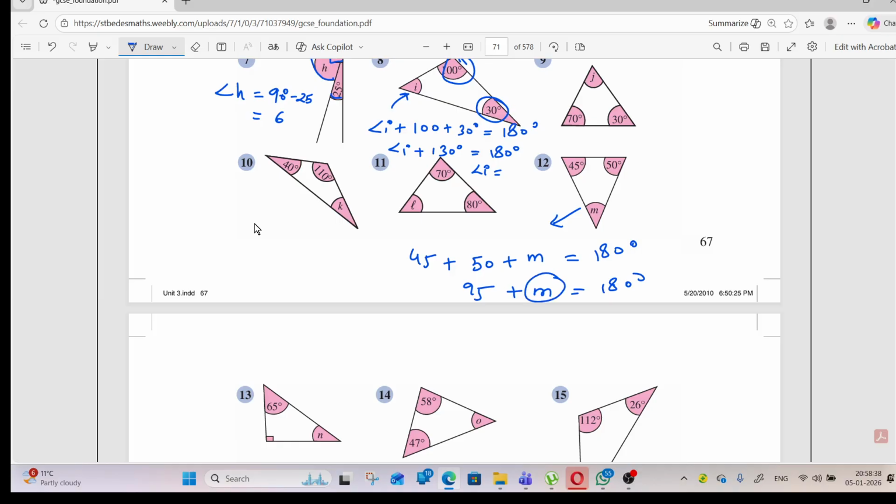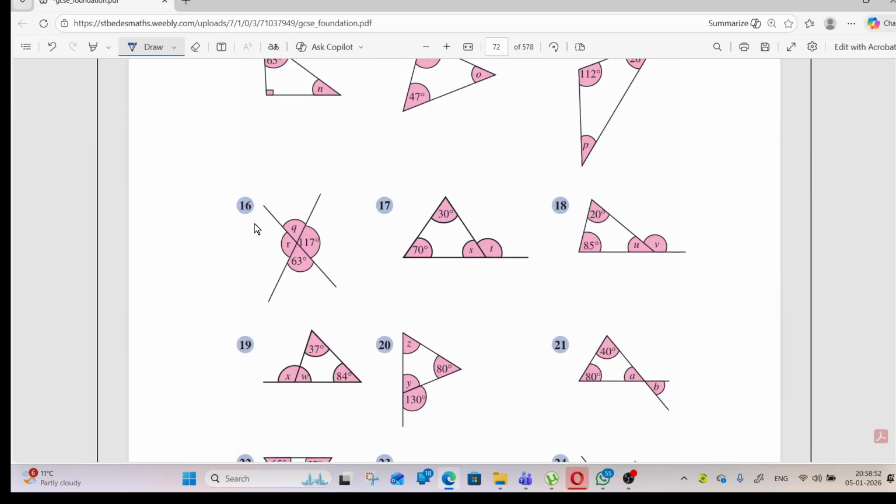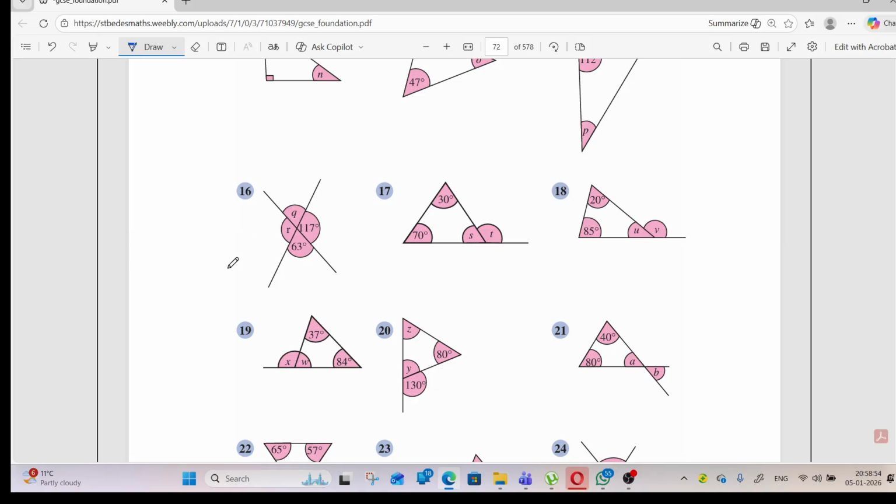If I have to find m, I need to take this number to the other side, or the other way is I can just subtract 95 from 180, which would be 85, right? This is how we have to do all of this. So we can just go ahead.